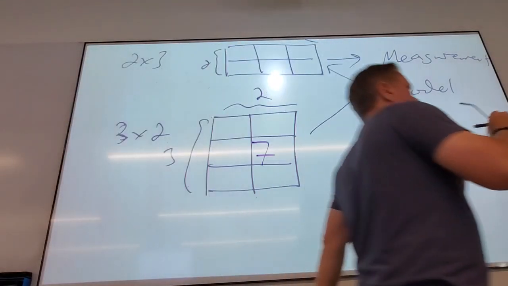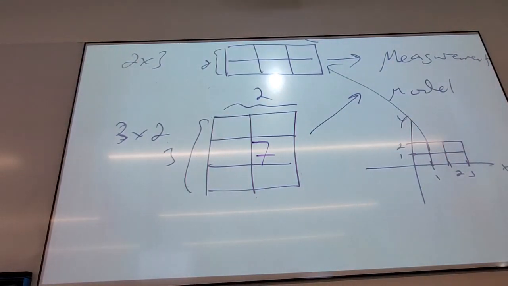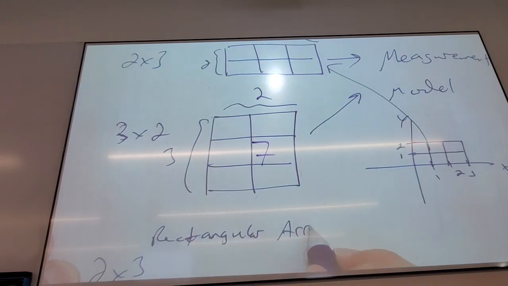If you want to see the set model, this is kind of silly, but it is what it is. If I want to do 2 times 3 rectangular array set model, it would look like this.